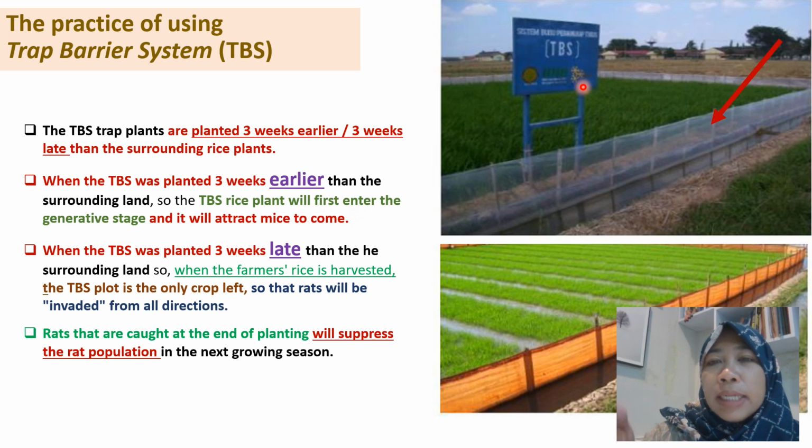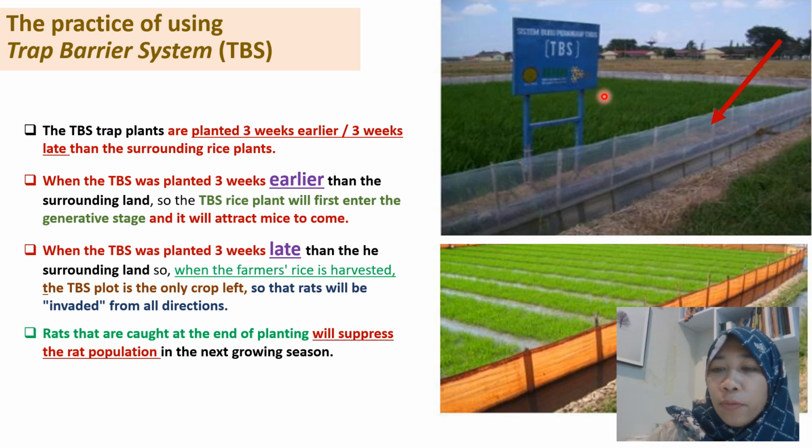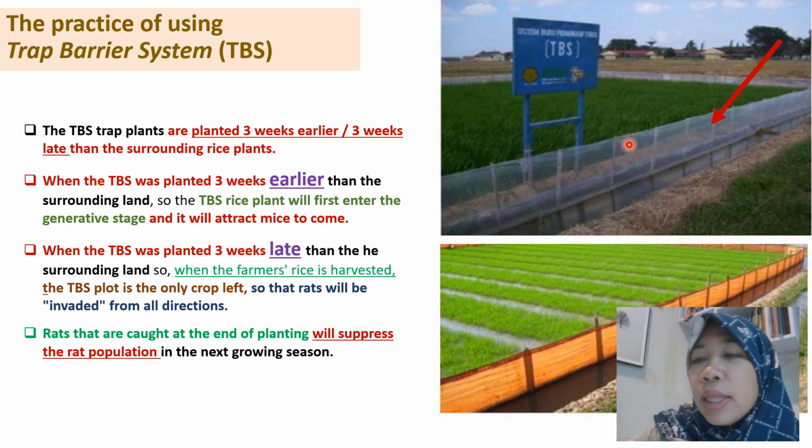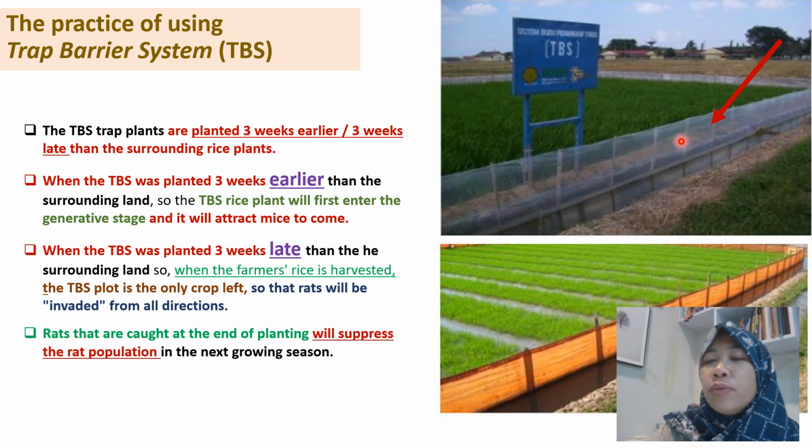If we plant 3 weeks earlier than the surrounding area, the TBS will enter the generative phase and it will attract mice from all over the area to the TBS, and they will be caught in the pupu trap.